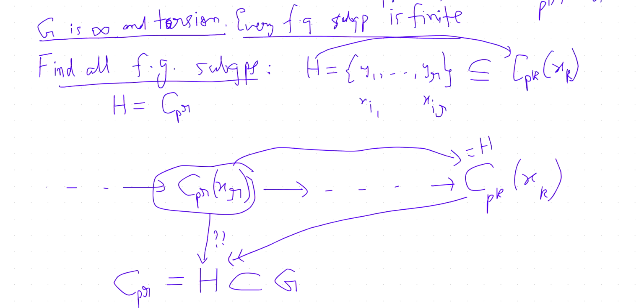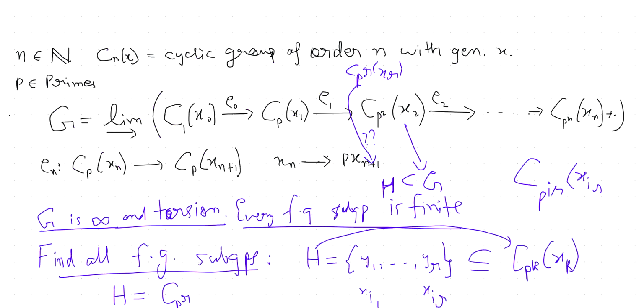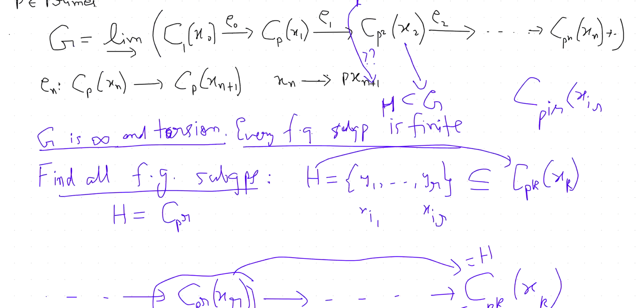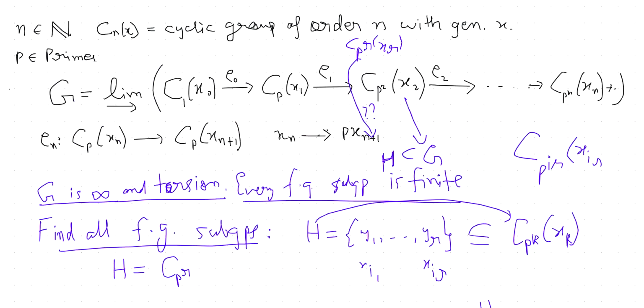Okay, so basically we understand all the finitely generated subgroups of this. Yes. And they are all cyclic. So that's a thing to note: all finitely generated subgroups are cyclic, which means that they are generated by a single element. And then of course there are infinitely generated subgroups.